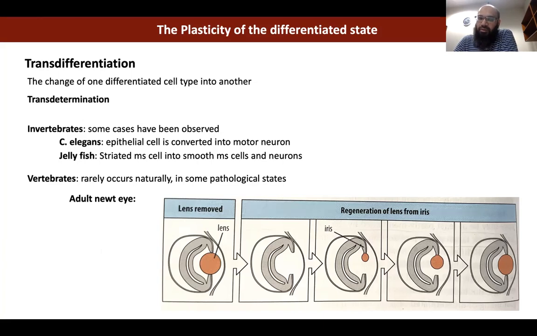So let's take the example of the lens. If you remove the lens of this newt, it is able to regenerate the lens from the iris.